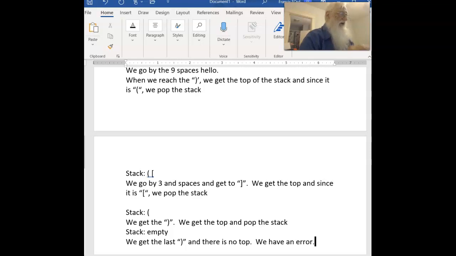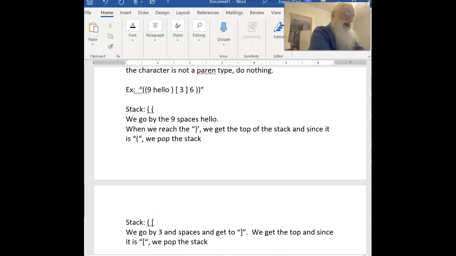I hope I caught that in my program. I'm worrying in the program I might have forgotten that. But that's the way to do it. That's the algorithm. It just goes on and on like that.